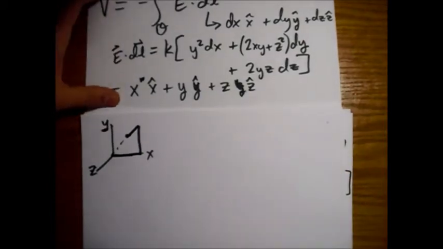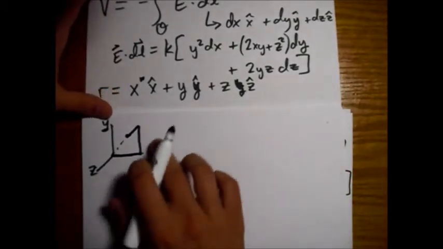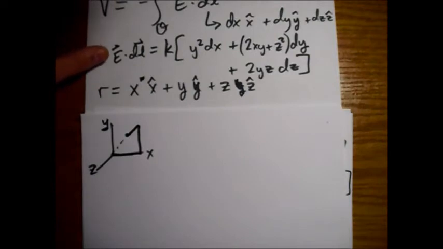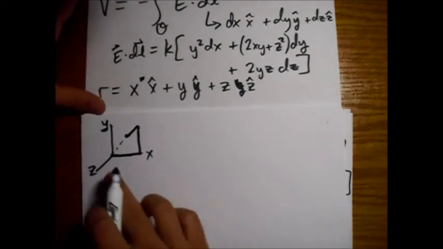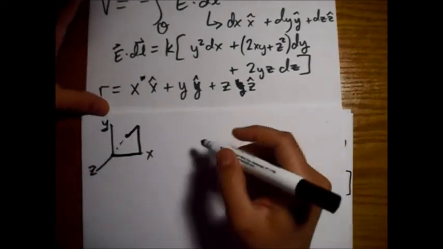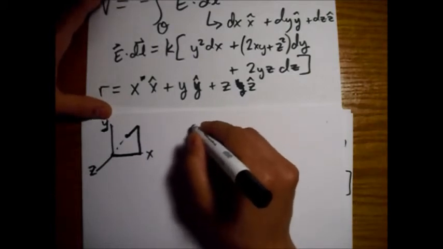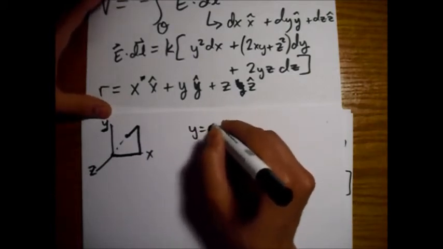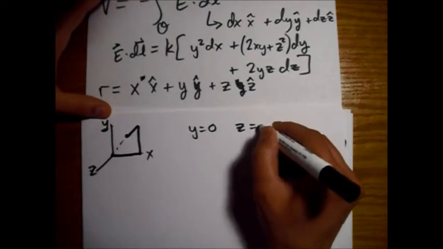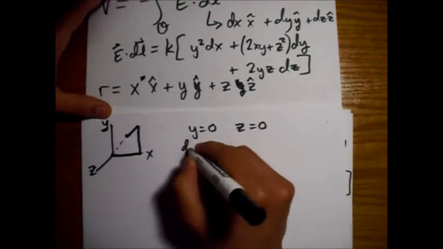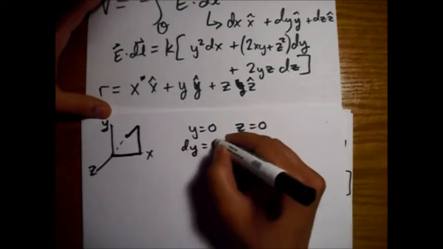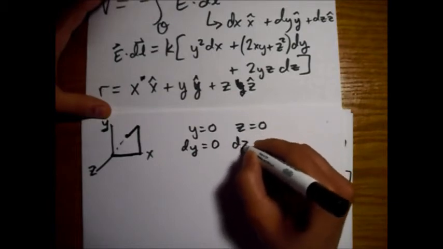So we'll do this in three different integrations, and add them together to get the entire path. First we have y equals 0 and z equals 0, and we'll also have dy equals 0 and dz equals 0.